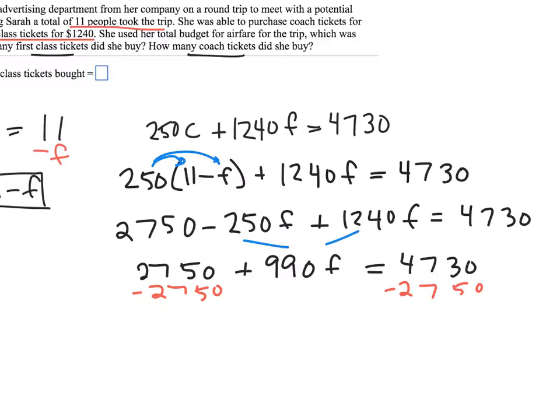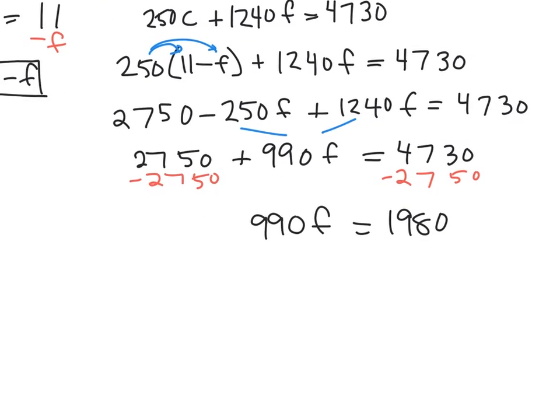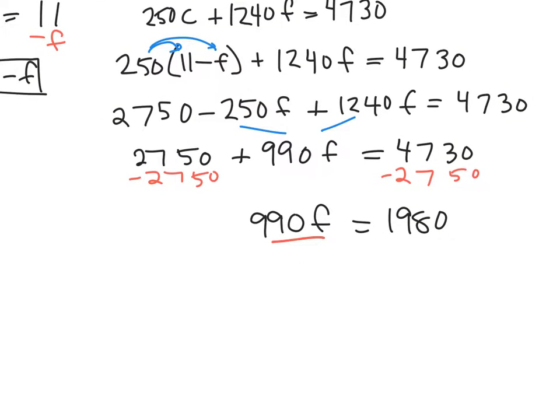And so that's 4,730 minus 2,750. And so this piece way over here is equal to 1,980. And the left side is just going to be 990F. And when we divide both sides by 990, because we want to get that F all by itself, you end up with F is equal to 2.